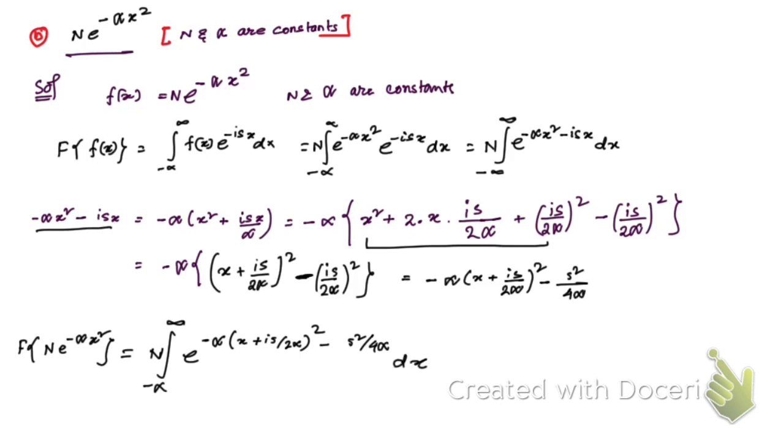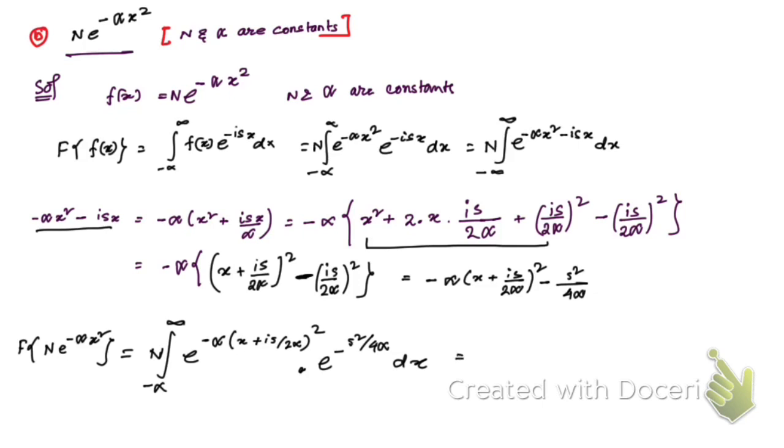So now what we can do, we can write this way. So e to the power this one minus this one can be written in this way, e to the power this into e to the power minus this, right? And this part is constant, that can be taken out of the integral.